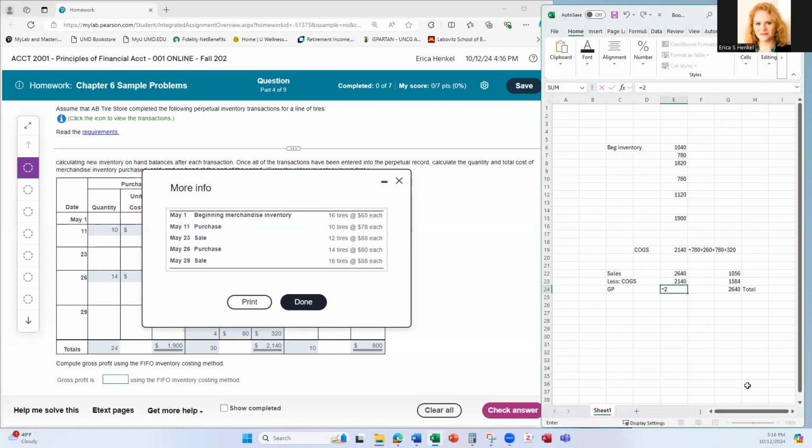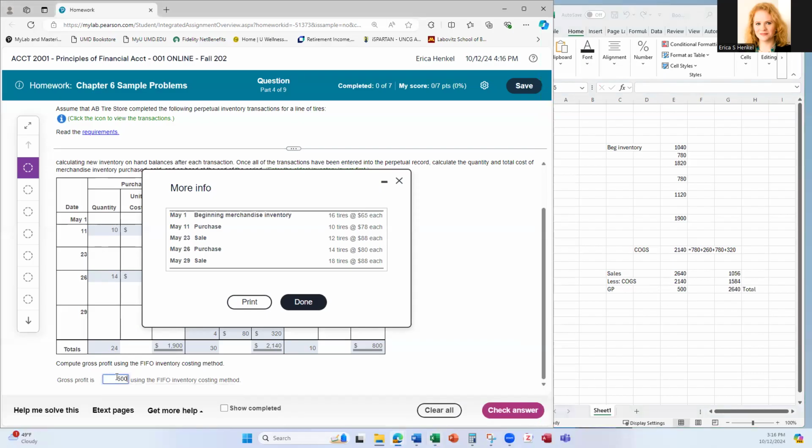So then if we take the 2,640 in sales minus the cost of goods sold of 2,140, that gets us to gross profit of $500 under this method. All right.